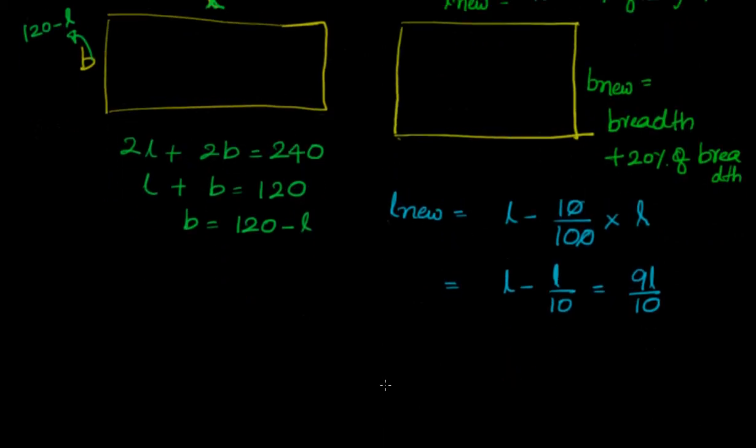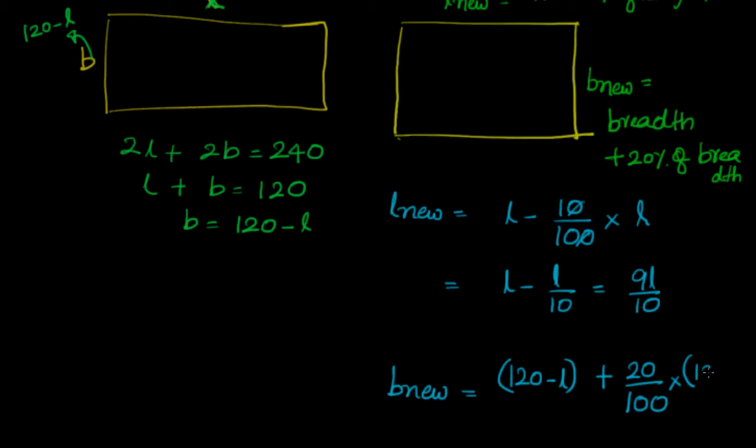Similarly, let's calculate breadth new. Breadth new is equal to the breadth, which we got earlier as 120 minus L. I have to increase it by 20%. 20% of what? 20% of the existing breadth.